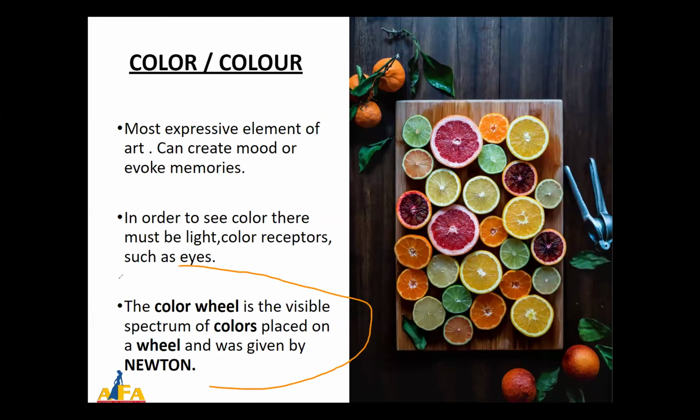This was also asked once by NID: the color wheel is a visible spectrum of colors placed on a wheel, and this concept was given by whom? So this concept was given by Newton. This was asked by NID.